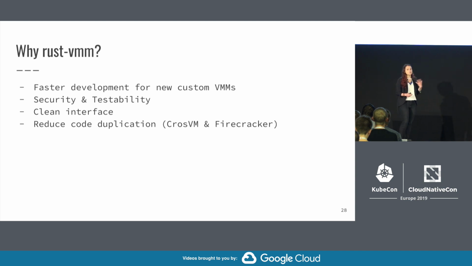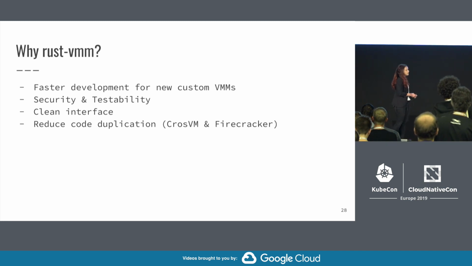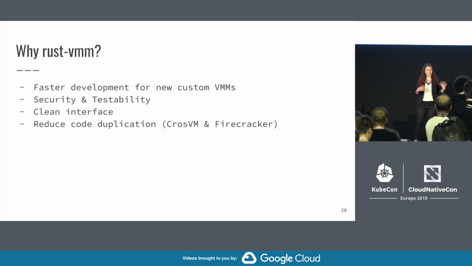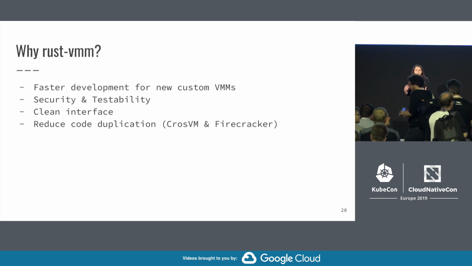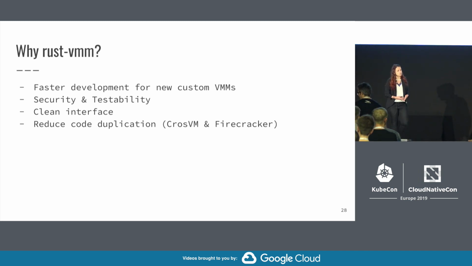Now, these separate components give us a benefit: it's much easier to do security testing in terms of fuzzing. You now have a component with a clean interface that you can call into, and it's much easier to provide fuzzing for it. Having these components separate and pluggable, like Lego, also gives another benefit: you can develop VMMs faster than before.